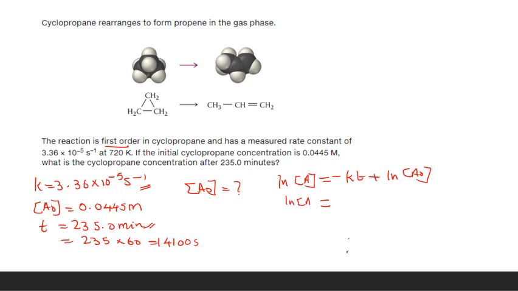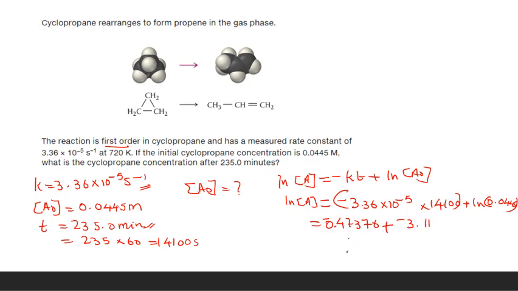So that is log concentration A equals negative 3.36 times 10 to the power negative 5 times the time, and then natural log 0.0445. And now plug it in the calculator, the first numbers, and you will get 0.47376, which is negative. And if you take the natural log of 0.0445, we will get negative 3.112.